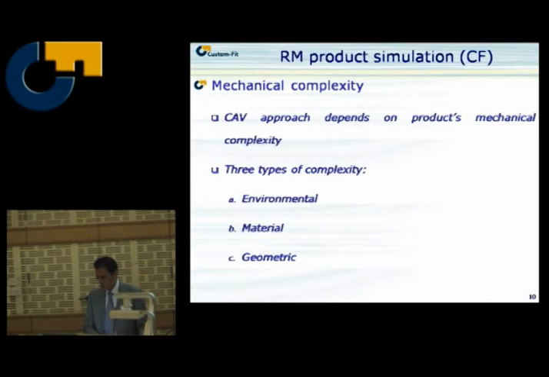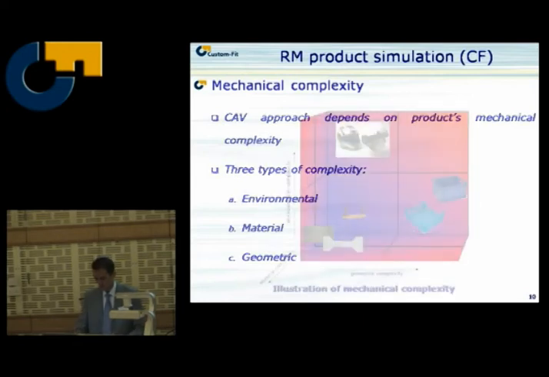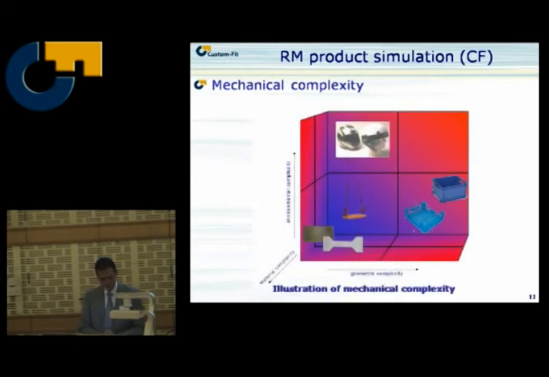In order to define which computer-aided verification approach is suitable for the product we have, we should first look at the mechanical complexity of the product. Three types of complexity are defined: the environmental, the material, and the geometric complexity. Here you may see some typical examples of mechanical complexity.